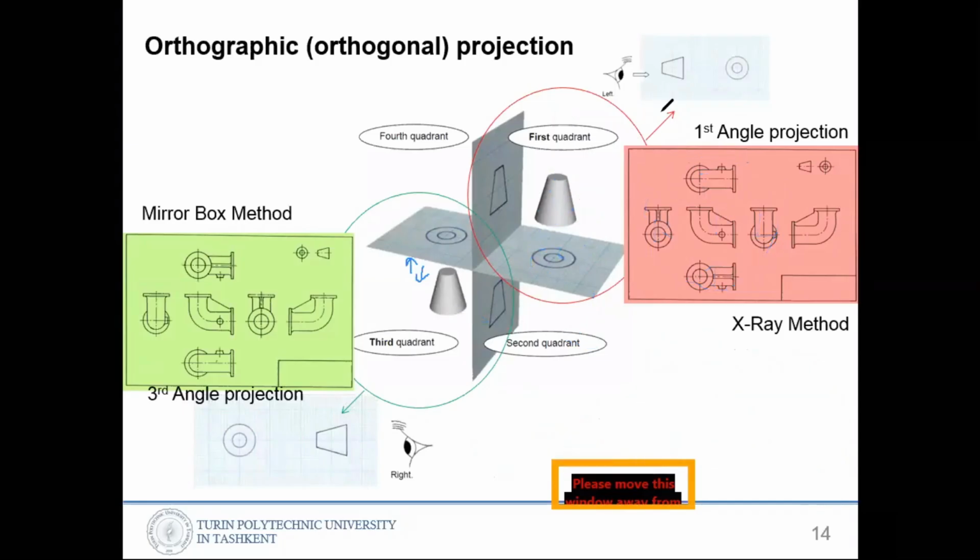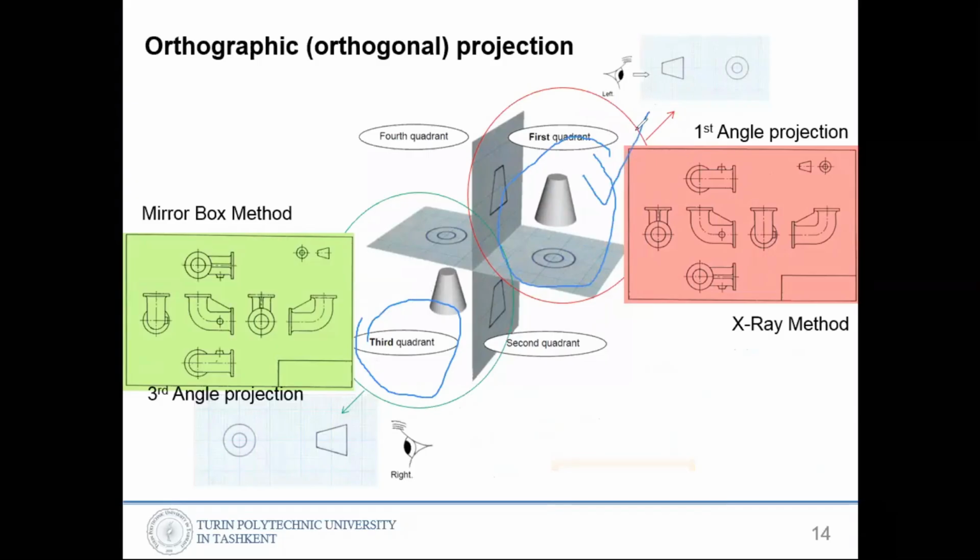So that is the difference. When you are using books, some foreign books might use the third angle projection method. So be careful and don't use this one in the examination. In our examination, we are using only the first angle projection method.